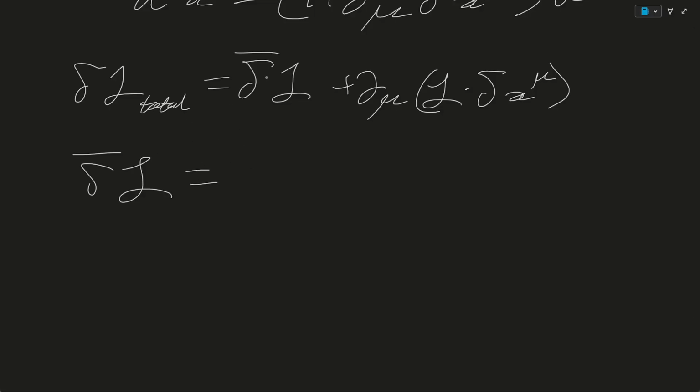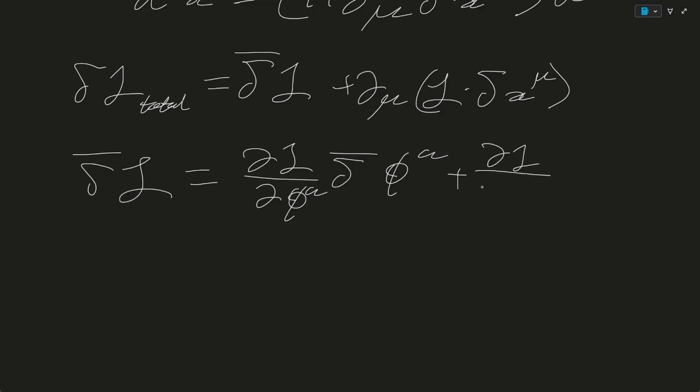We can then say that this is dL d phi a delta bar phi a plus dL d mu, that's not a d, sorry, d mu phi a delta bar of d mu phi a, and this is done by rearranging that and then using the chain rule on it, which is hopefully fairly self-explanatory.